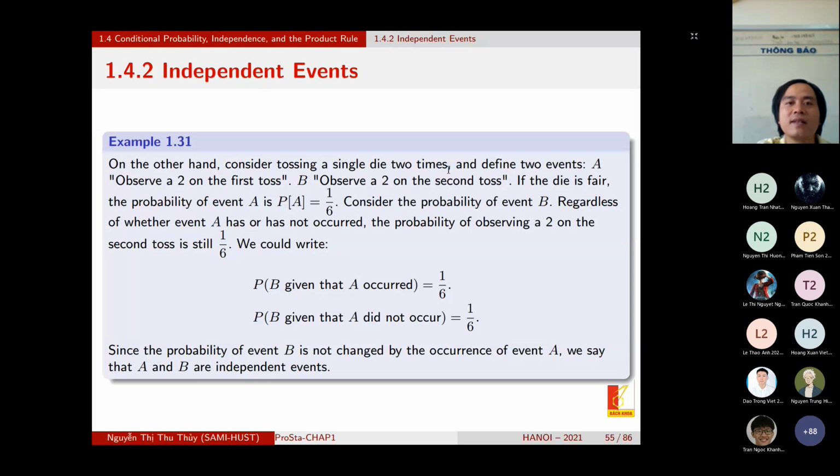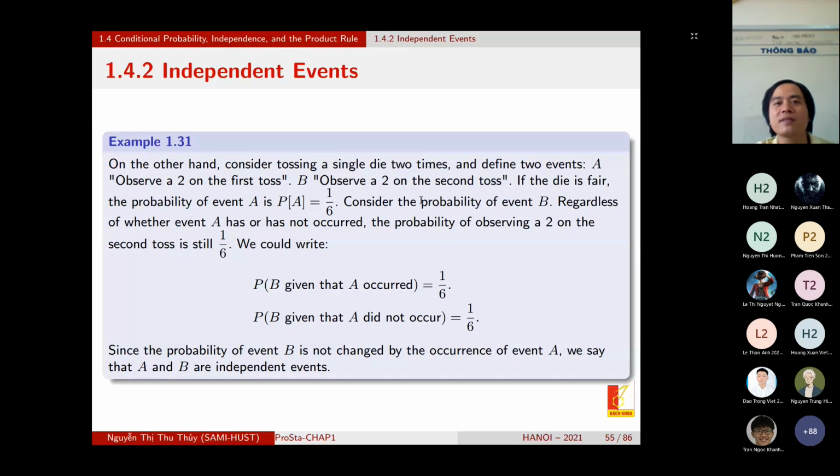The first experiment does not influence the second experiment. No matter whether the first toss is 1 dot, 2 dots, or 6 dots, the second toss can be 1, 2, up to 6 also.